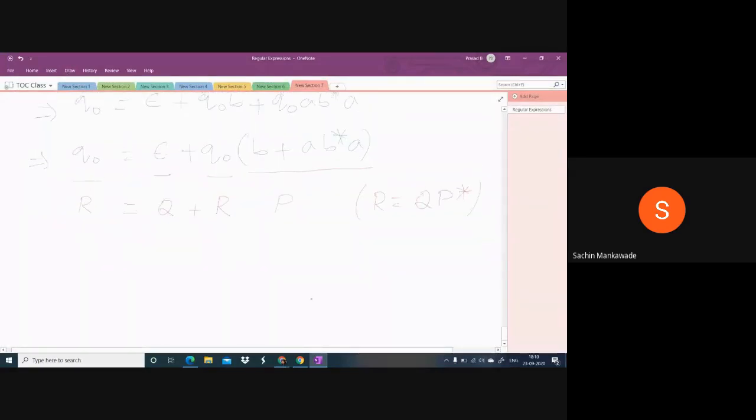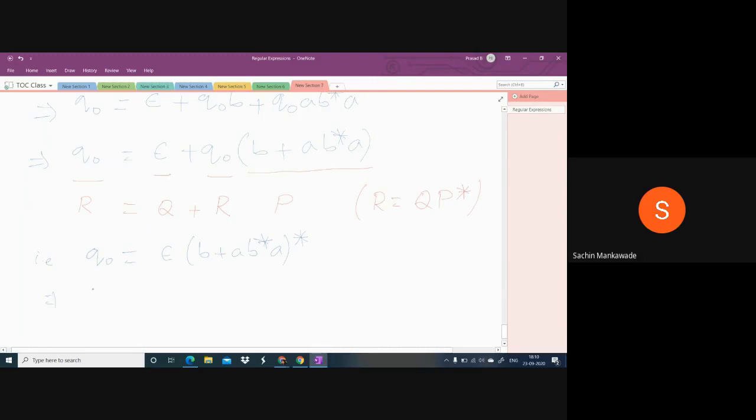That is Q naught equal to Q, that is epsilon, followed by P, where P is this one, B plus AB star A. So R equal to Q followed by P star, QP star, and P is this one, with the star.